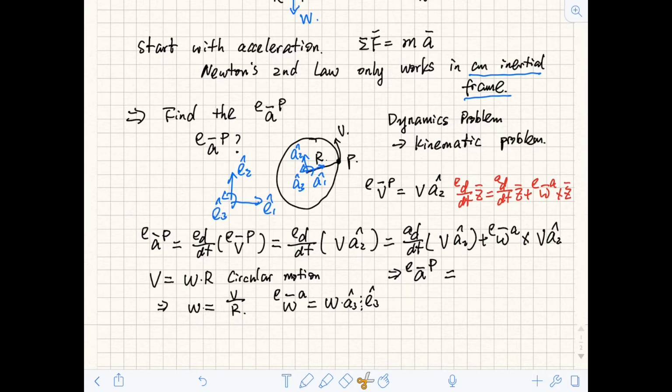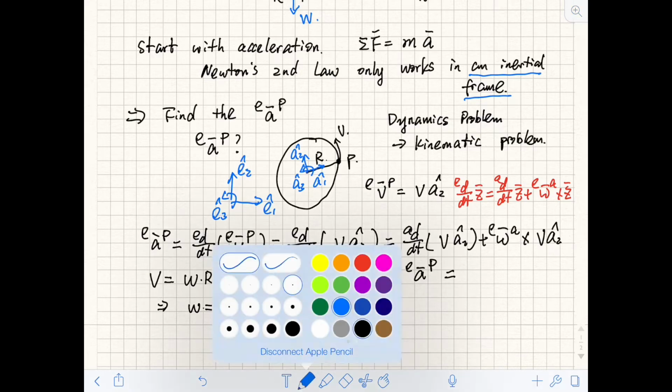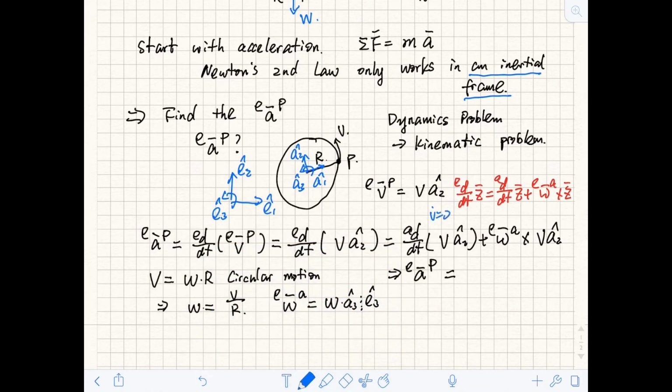For a circular motion, the velocity is constant, so we have V dot equal to 0. So the acceleration of point P in E is simply omega A3 cross V A2.